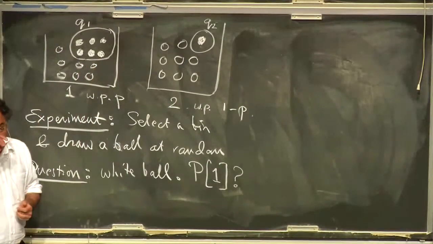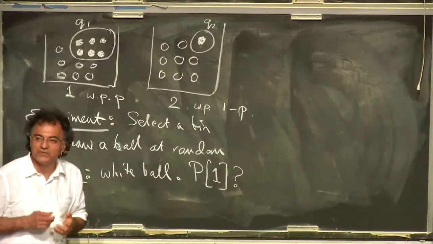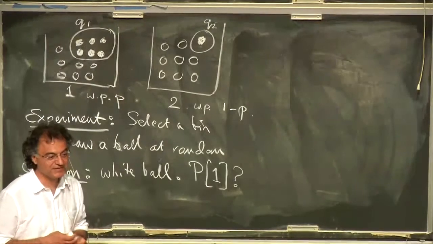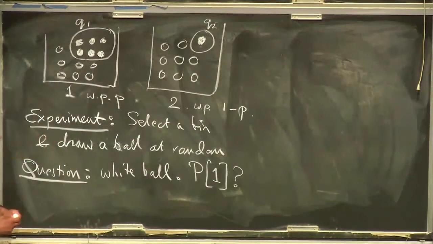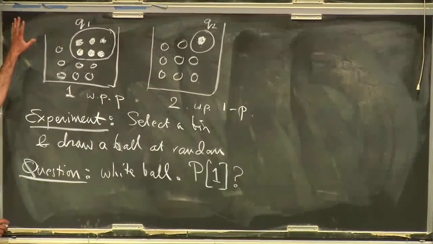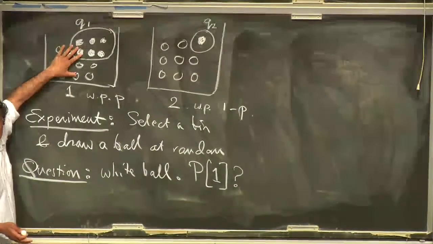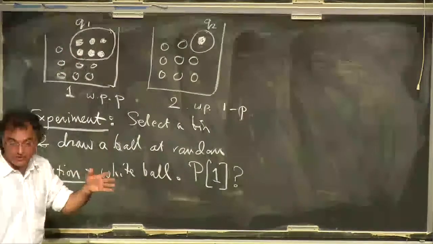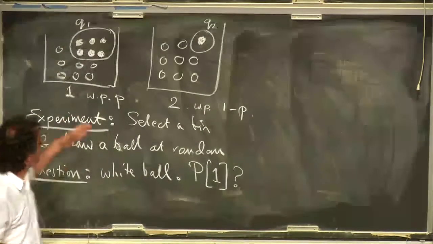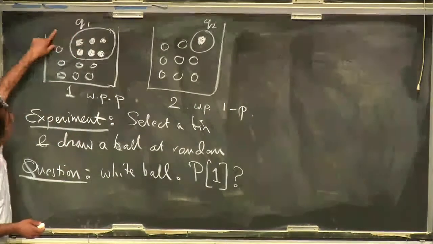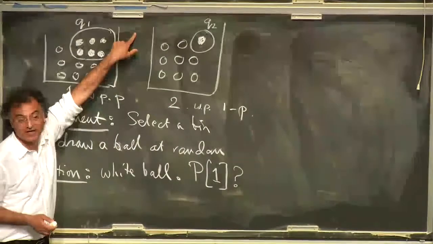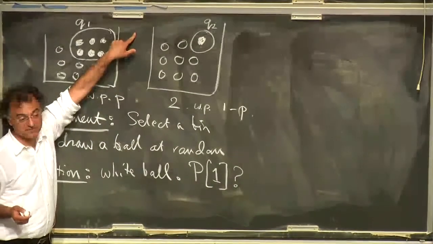So why would we want to study such a problem? Well, in that example up there, bin number 1 is all the primes. If you're picking 200-digit numbers, then this would be all the primes among the 200-digit numbers.